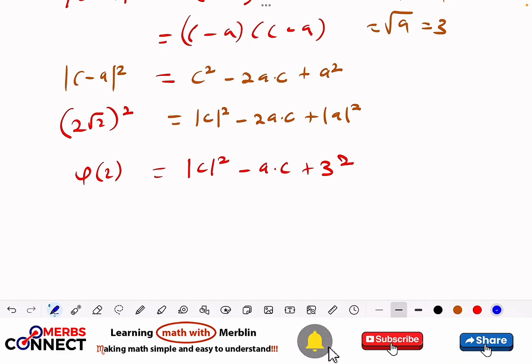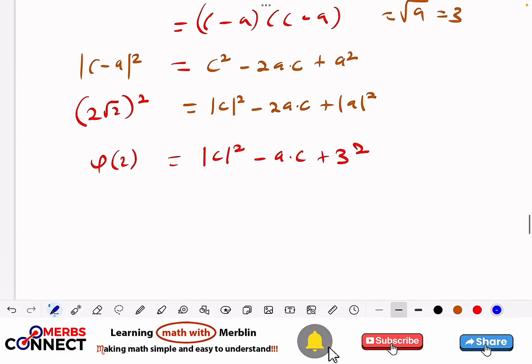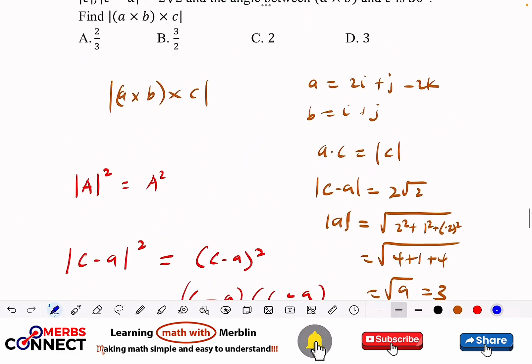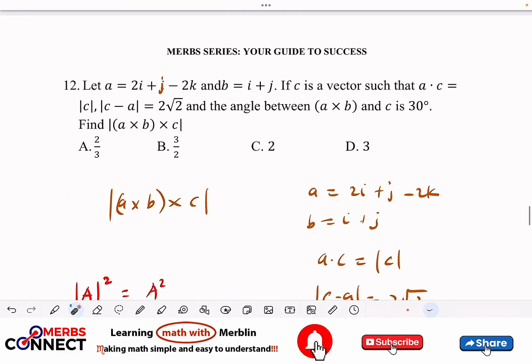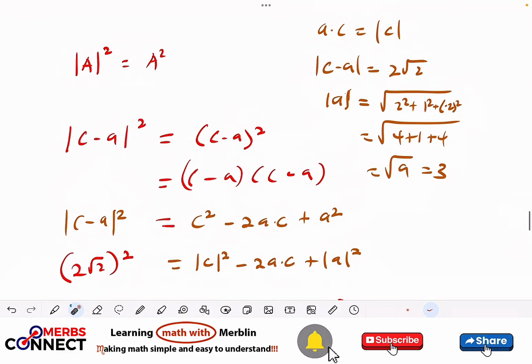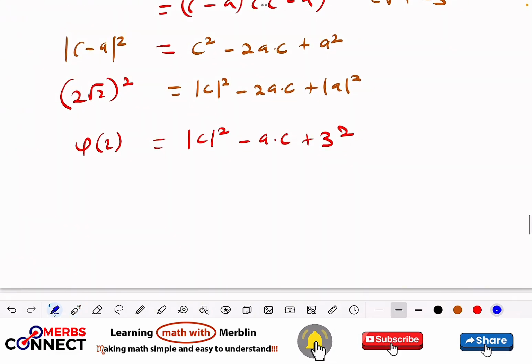Good. Now let's do something here. We know that the absolute of C is the same as A dot C, right? So this is going to be 8 is equal to A dot C squared minus A dot C plus 9.